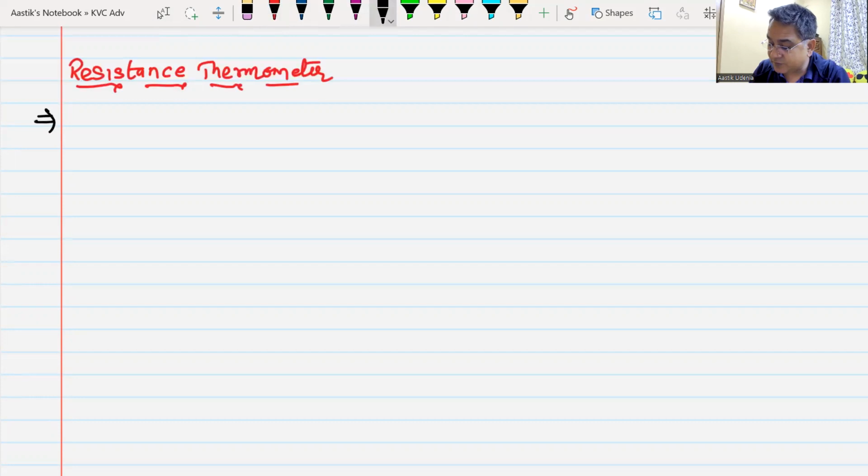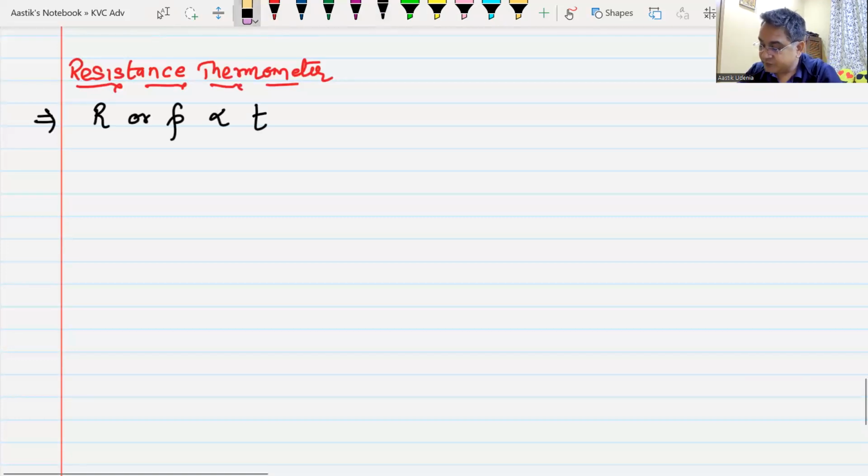Remember, the resistance of a wire, or should I say resistivity of a wire, is directly proportional to the temperature T. Let me write T as capital T. And we can make a thermometer based on this.